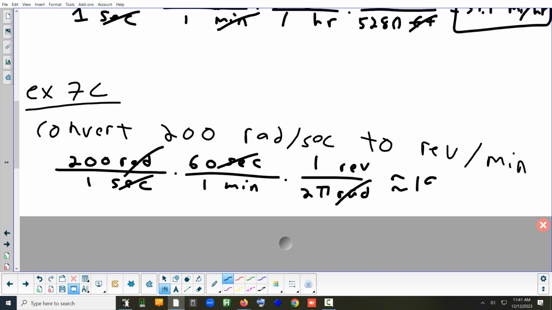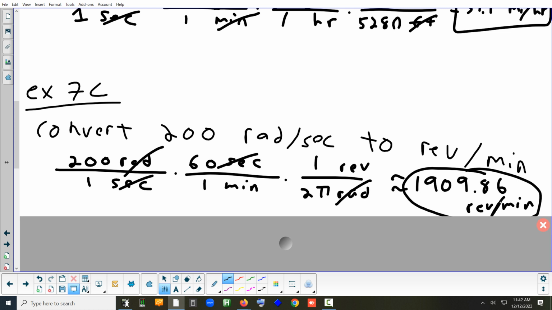And what's my label on that? Revolutions per minute. Yep, that's revolutions per minute. So that's one way sometimes you do see RPMs.